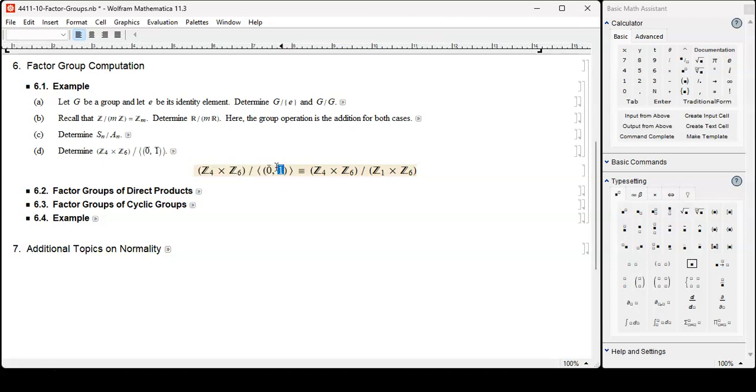And then let's see, this 1 generates the entire Z6. So this is Z1 times Z6. That's what we end up with. So 0 generates the trivial subgroup, Z1, and then 1 generates everything, so the entire C6. So this C6 and that C6 basically cancel each other out, and then what do you get? Z1 over Z4 over Z1.